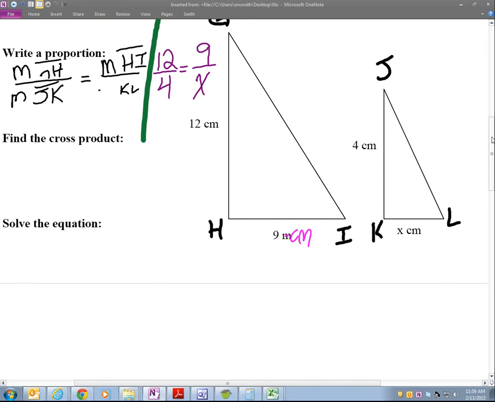The cross product is the way that you find out what the missing spot is. So we do 12 over 4, 9 over x, and the cross product we're going to take is going to multiply these two by those two. I'm going step by step. I don't want the answer yet.